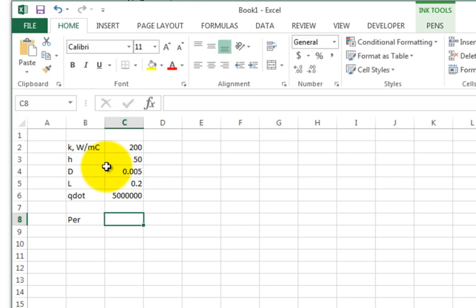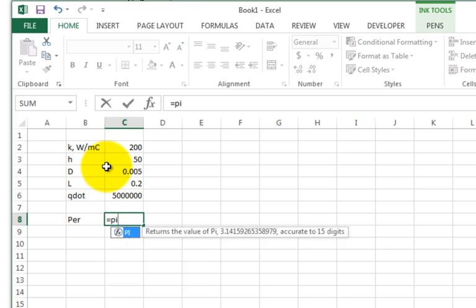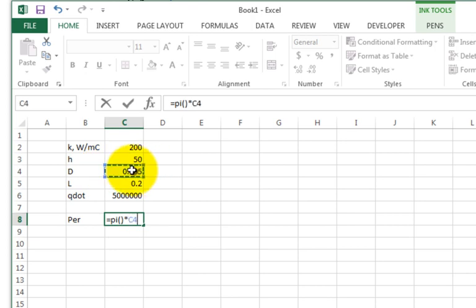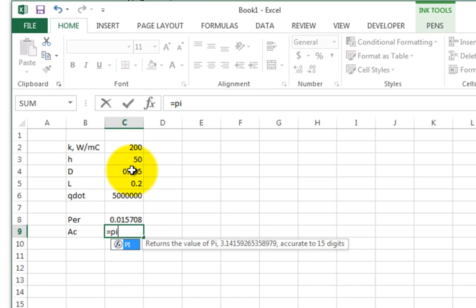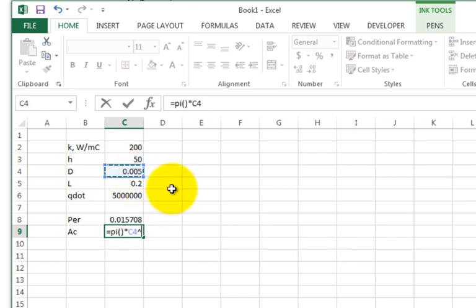Perimeter, what was that equal to? Pi times then our D, true? And then we put in our cross-sectional area. That's going to be pi times D squared divided by 4.